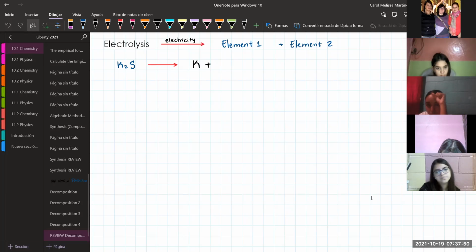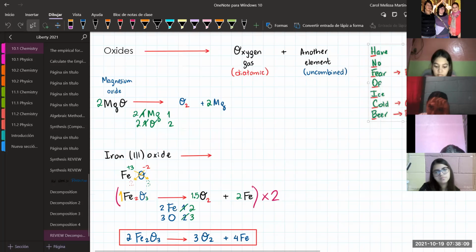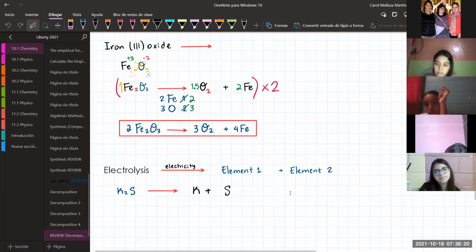No. Guys, sulfur is not diatomic. My students usually think that sulfur is diatomic and they write a 2 right here. If you do that, it will be incorrect. Remember, these are the diatomic: hydrogen, nitrogen, fluorine, oxygen, iodine, chlorine, bromine, not sulfur.